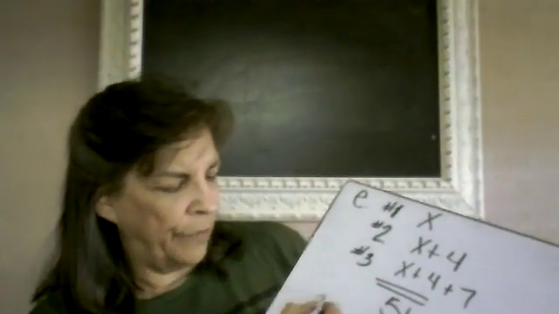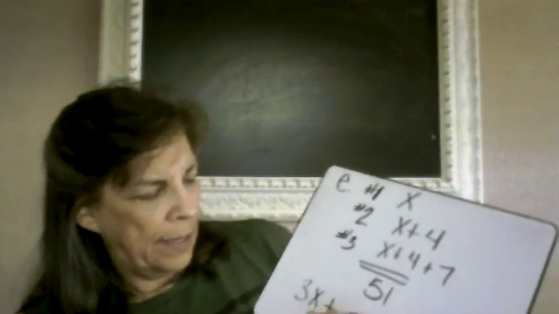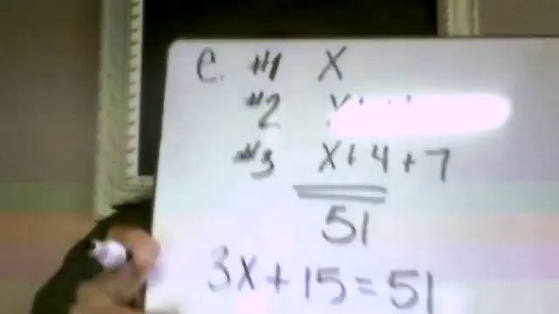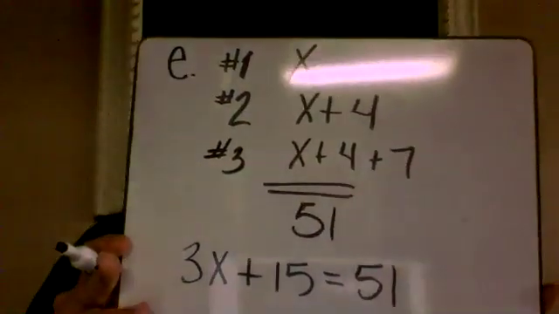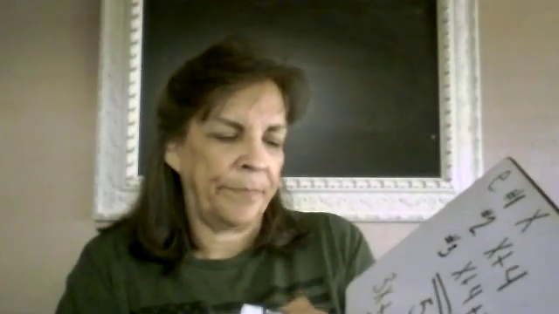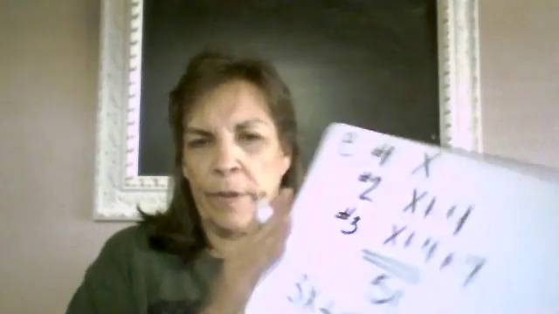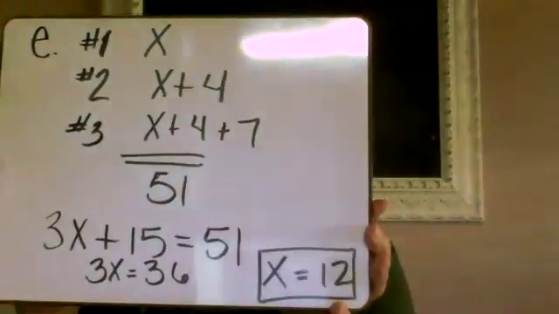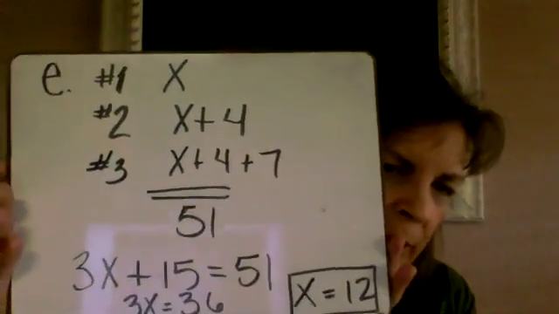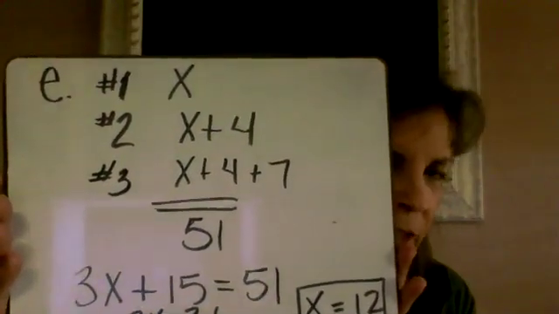That gives us a total of 3x plus 15 is equal to 51. Solve for x, and you get x equals 12. Dryer number 1 ate 12 socks. If you had to find out what dryer number 2 ate, you would add 4 to it. And if you had to find out what number 3 ate, you would add 11 to it.